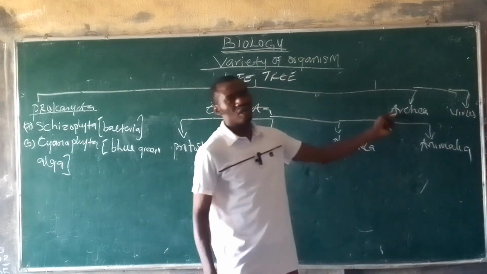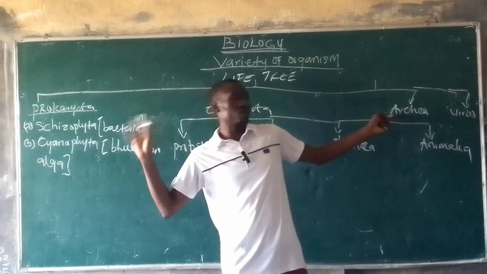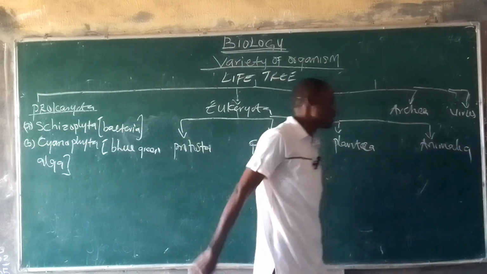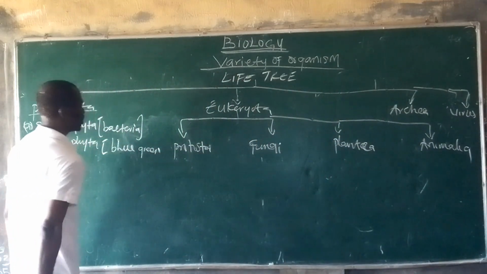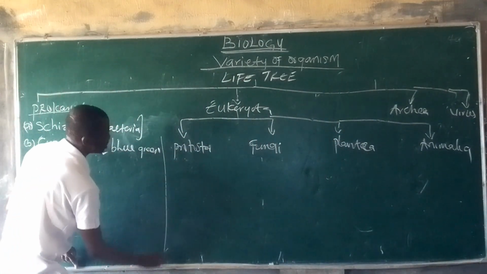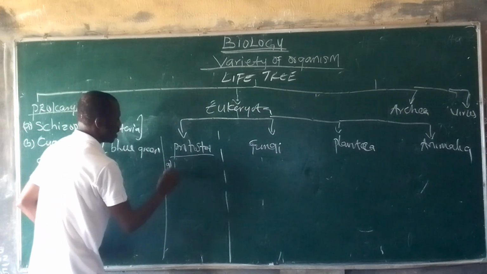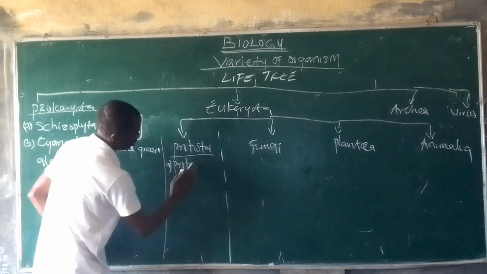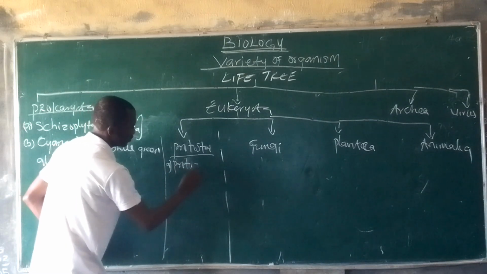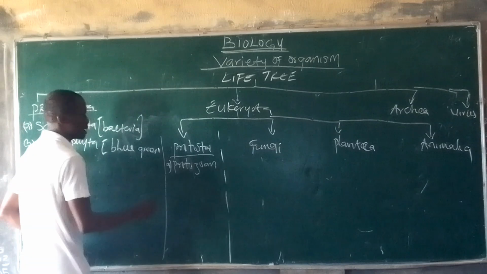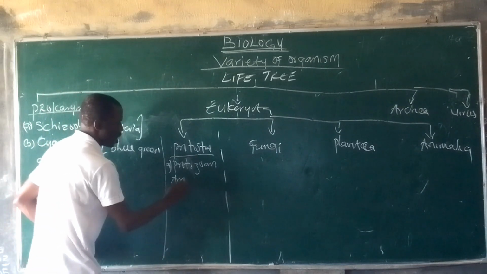Well, you're going to leave this guy because he'll act like prokaryota and eukaryota. Leave this guy, he is acellular in nature. Alright, so the protista have subphyla. The first subphylum of the protista is the protozoan. An example of protozoan is amoeba.